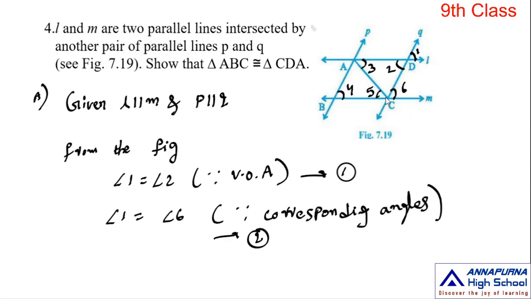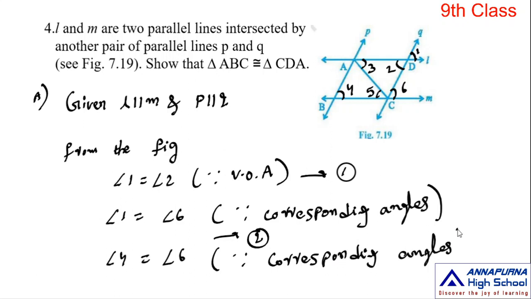So angle 4 and angle 6 are corresponding angles and equal. Angle 4 is equal to angle 6, since corresponding angles. This is equation number 3.